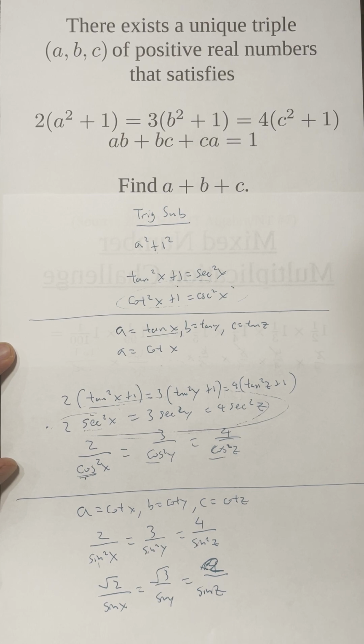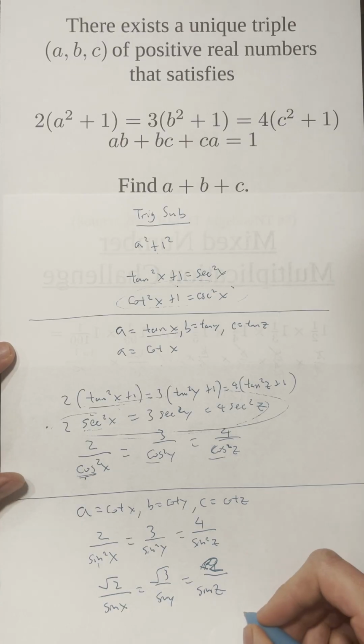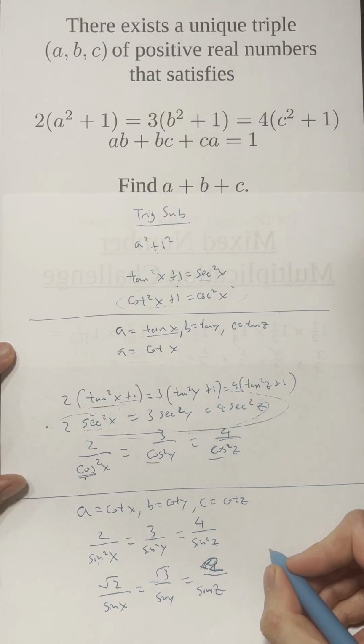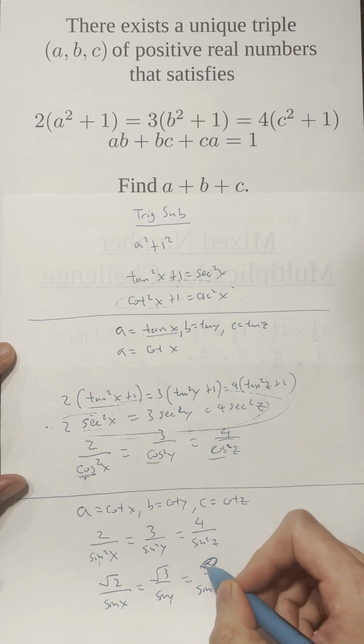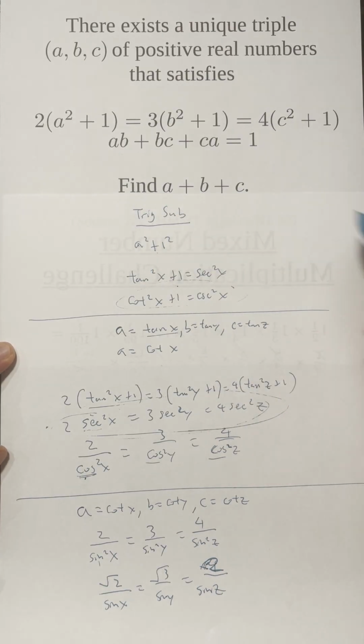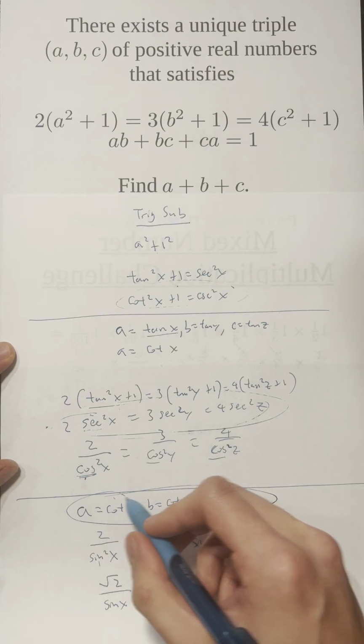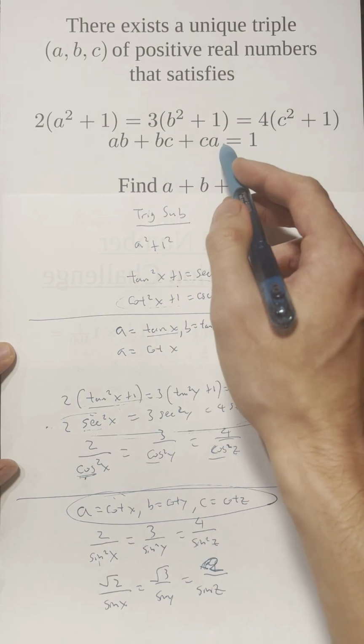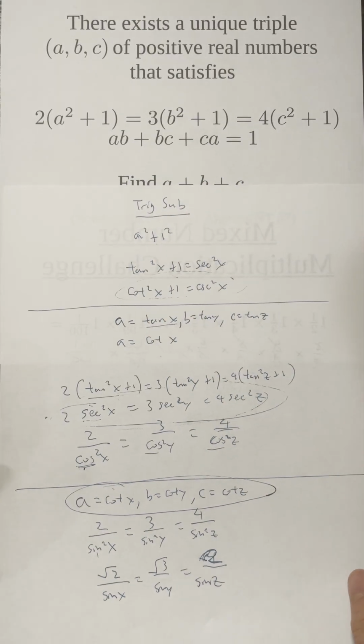Now we can consider a triangle with these as side lengths, but we need to make sure that this also holds. So if we make this trigonometric substitution, is this going to be true? Let's double check.